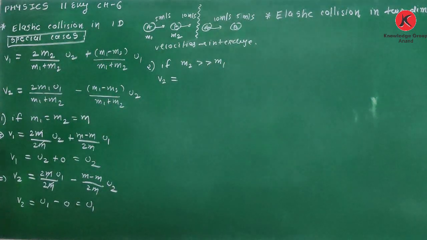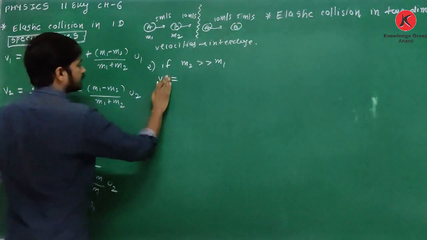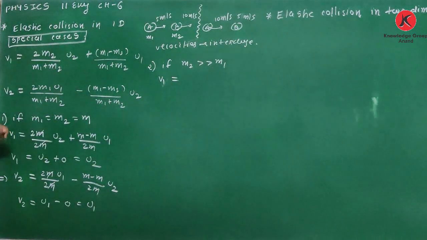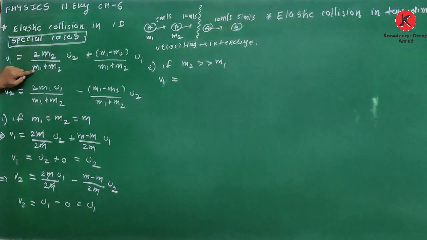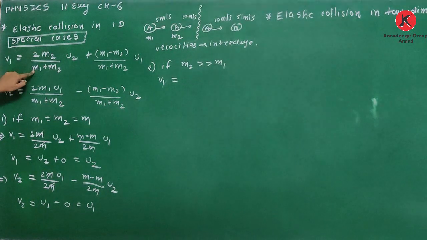Then what happens? See here, in this equation of v1, if you take m1 equal to 0, then what happens? See carefully.